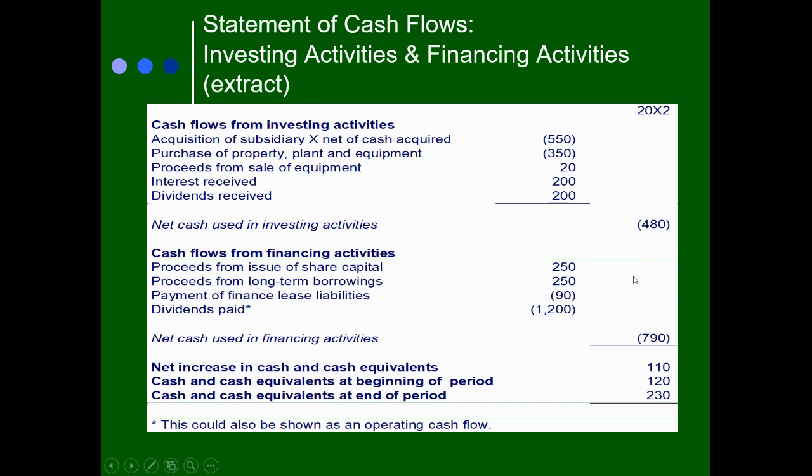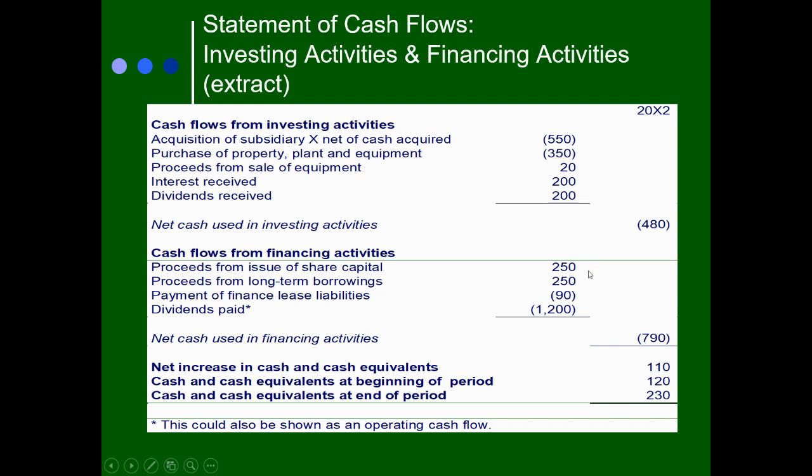Then cash flow from financing activities. This will require you to look into the equity and also the long term debt. Proceeds from issue of share capital means that the company opens shares to the public for them to acquire, so it will increase the capital.